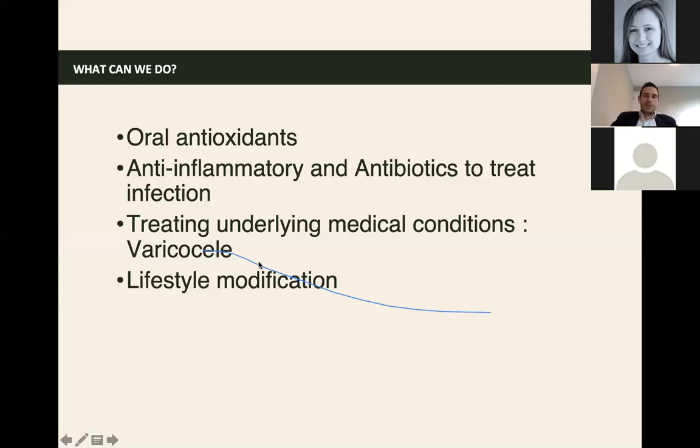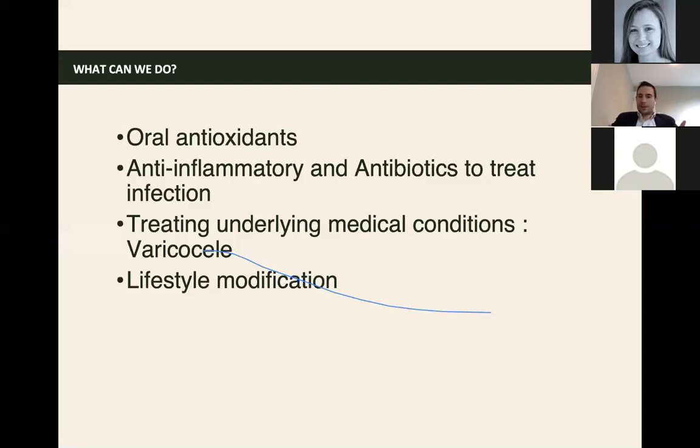Lifestyle modification is very similar to the antioxidant story. We have correlations between lifestyle modifications and a good DNA fragmentation index. Anything that's healthy for you is good for your sperm. If you sleep well, it's good for your sperm. If you eat well, if you refrain from sugars, fat, any additives and processed food, this is good for your sperm.